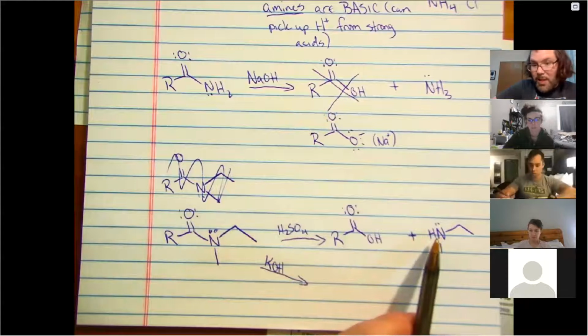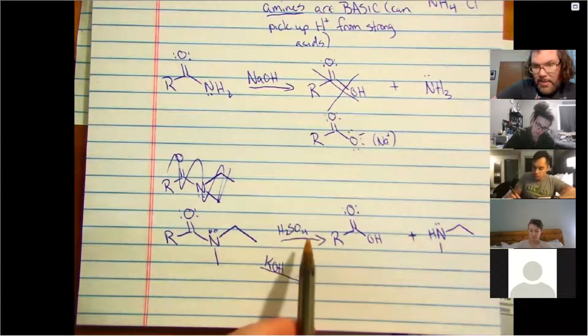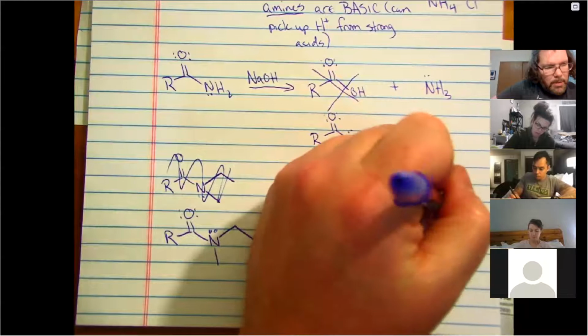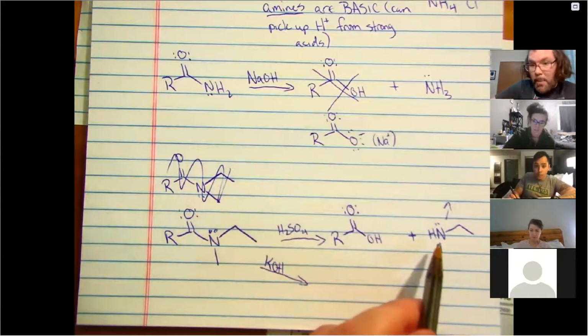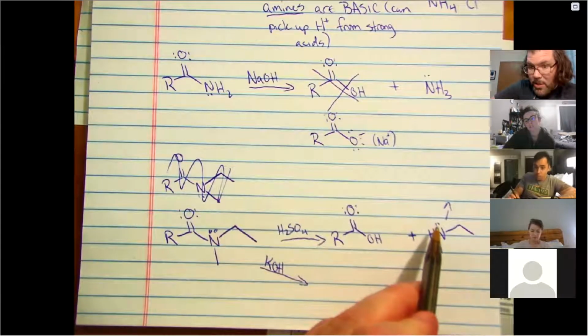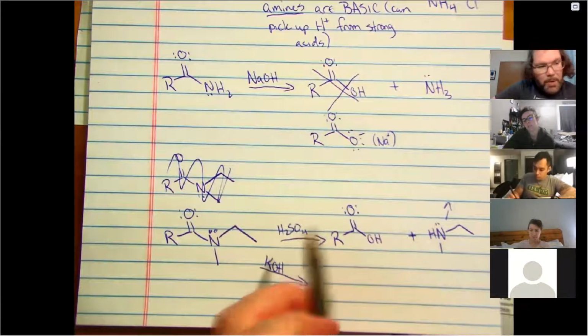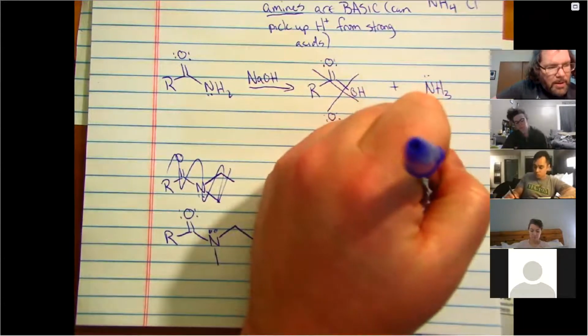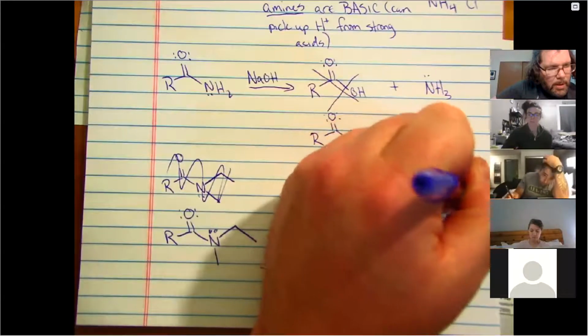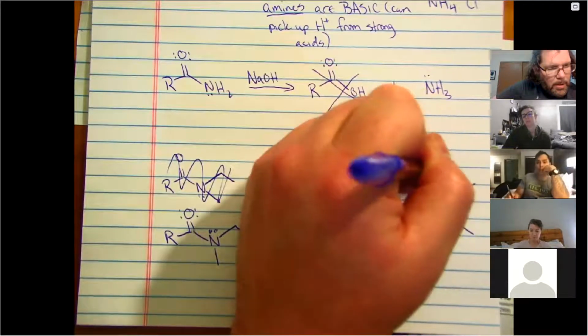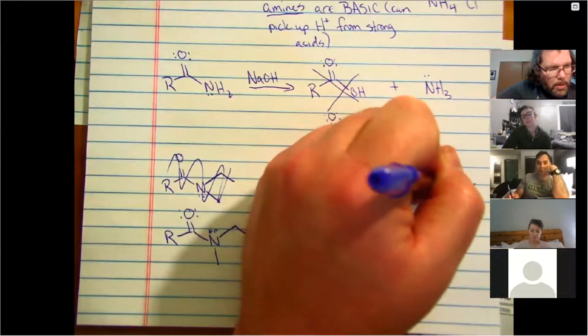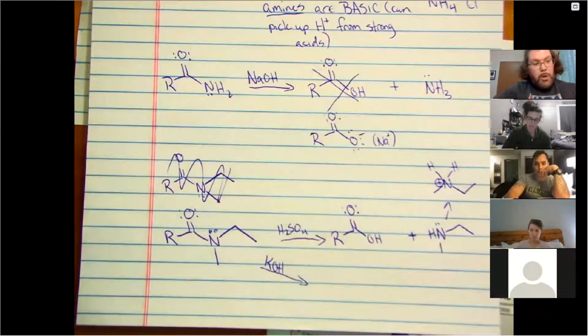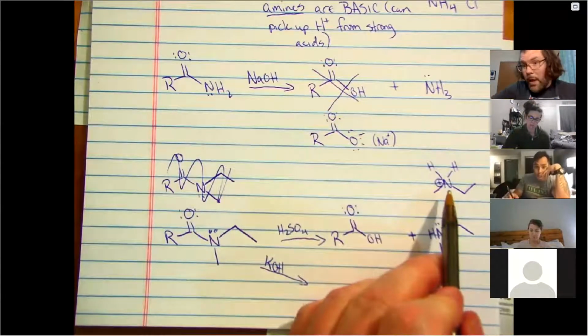what happens to this amine in acidic conditions? The final product isn't the amine, but instead that amine is going to use its pair of electrons to pick up one more H plus, to make an ammonium ion.